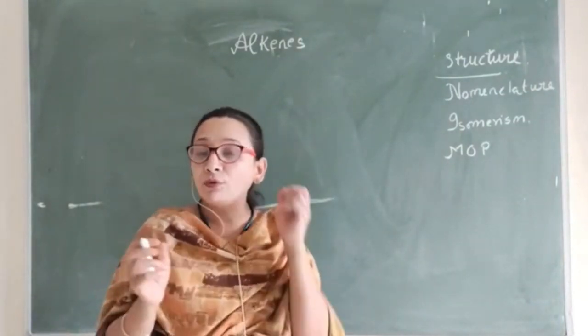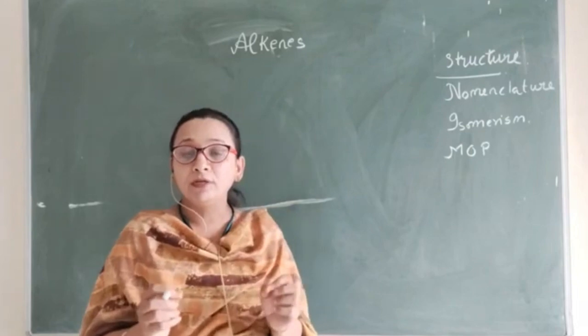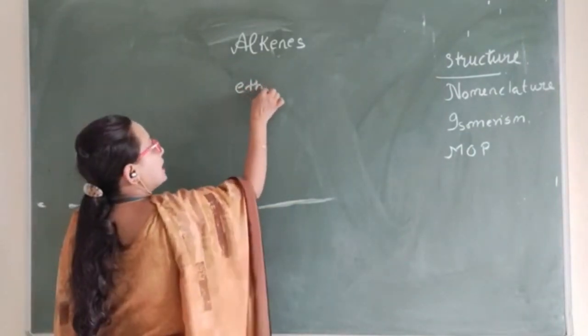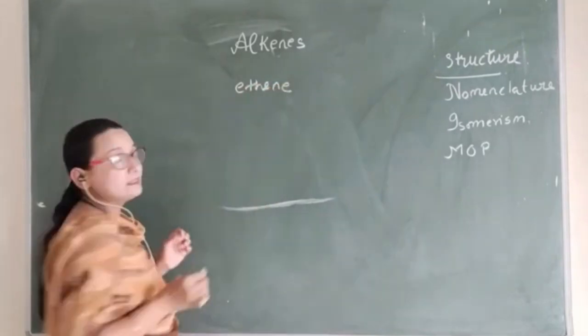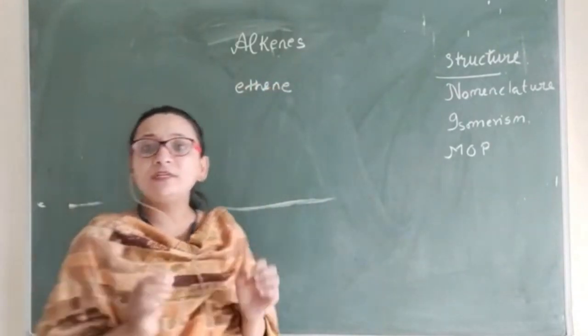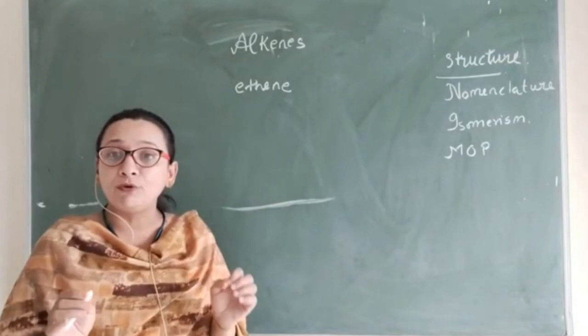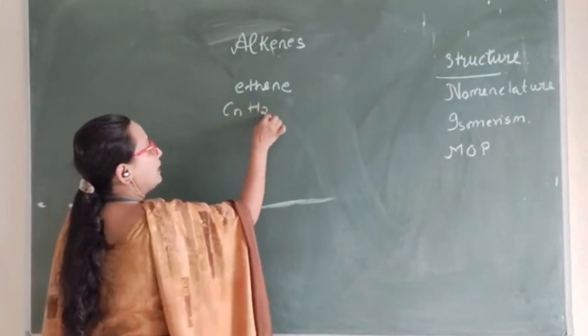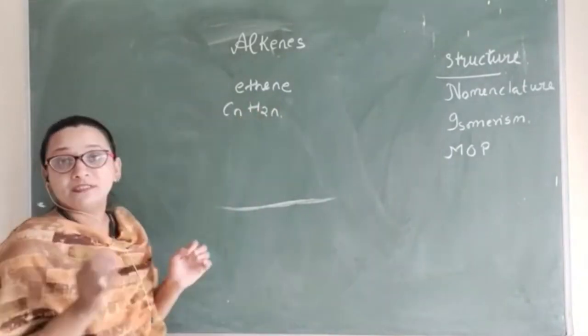The most common, most popular and simplest example is ethene. And what is an alkene? The general formula is CnH2n.